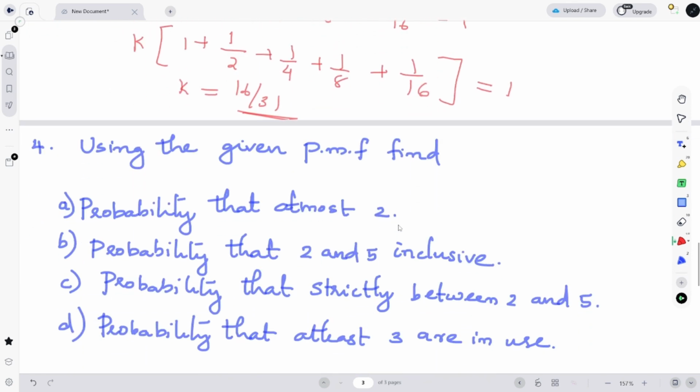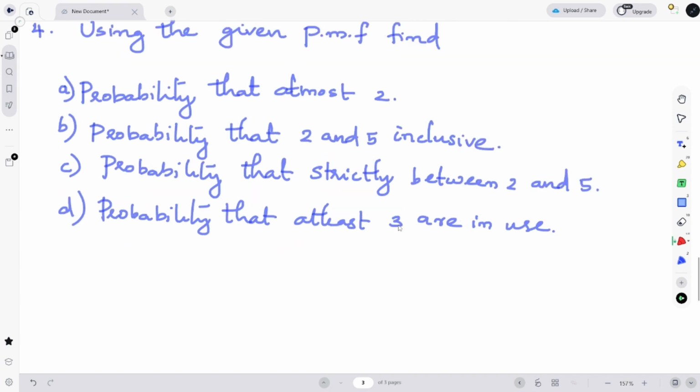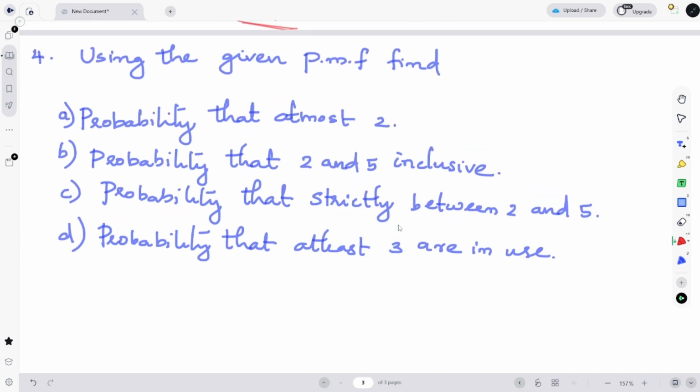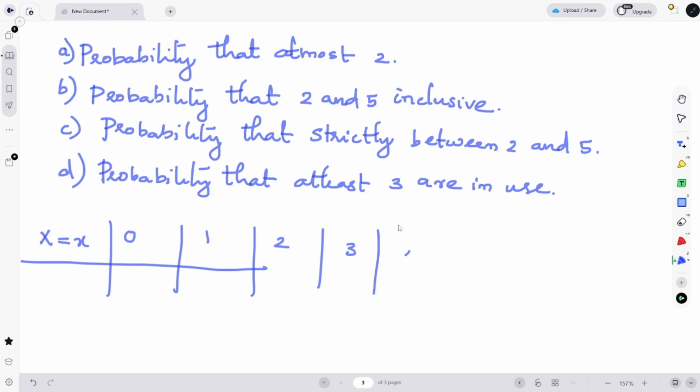Now next, fourth question. This is the last question. Using the PMF, find the probability that at most 2, the probability that between 2 and 5 inclusive, the probability that strictly between 2 and 5, and the probability that at least 3 are in use. So I will write the probability mass function here. X equal to small x. X takes the values 0, 1, 2, 3, 4, 5 and 6.